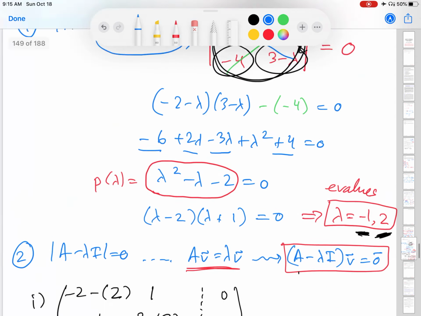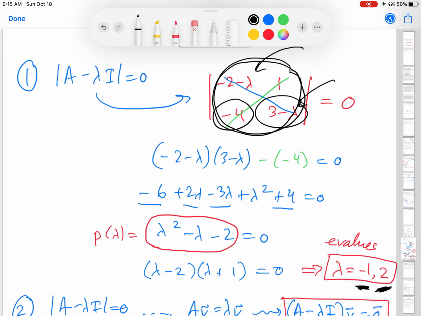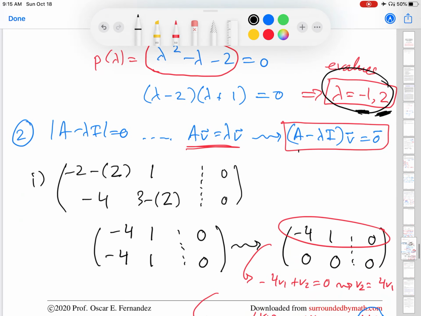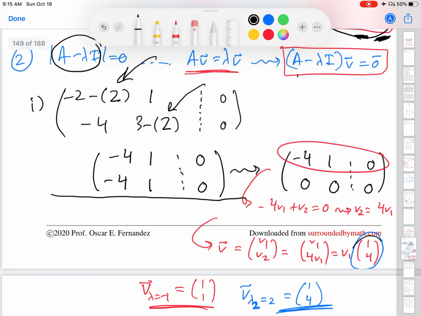Quick little recap, right? Two-step process. Here it is. First one, find the eigenvalues. You do that by subtracting lambda from the diagonals of the matrix, calculating the determinant, setting it equals 0, solving for the lambda values. Great. Now, once you have the lambda values, go back to that A minus lambda I matrix you calculated, substitute in the lambda value you have, row reduce, and then pick one of the vectors that results as your eigenvector.